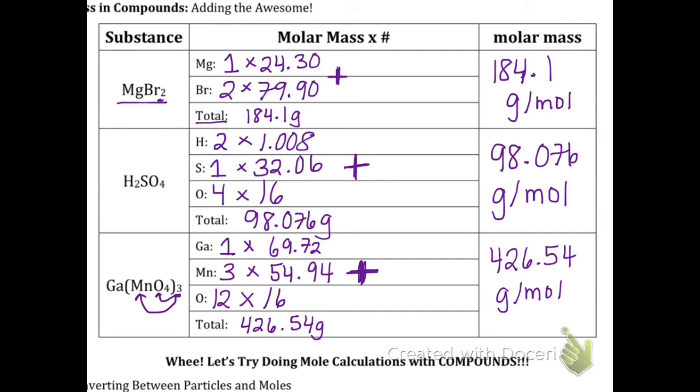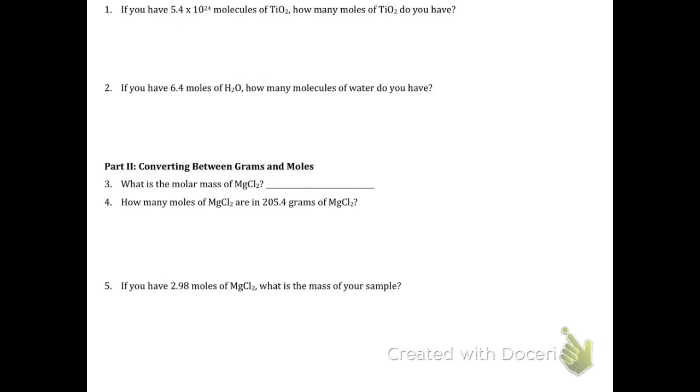Now, remember earlier we did all those practice problems with elements. Now we're doing the same exact thing, except instead of elements, we're going to do compounds. So what do I mean by that?